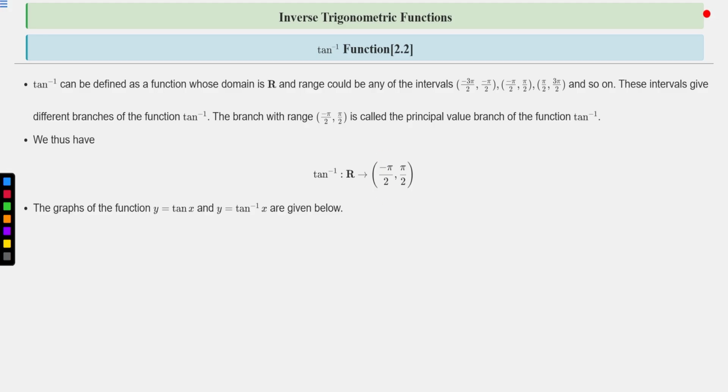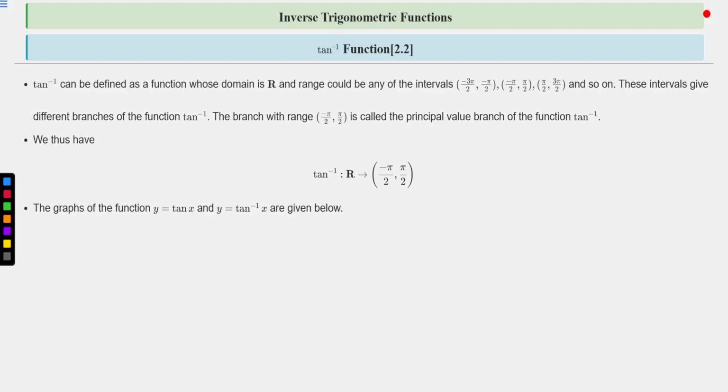Because tan theta is not defined at minus pi by 2 and pi by 2. At odd multiples of pi by 2, cos theta becomes 0, so tan theta will not be defined. Therefore, we have taken an open bracket.